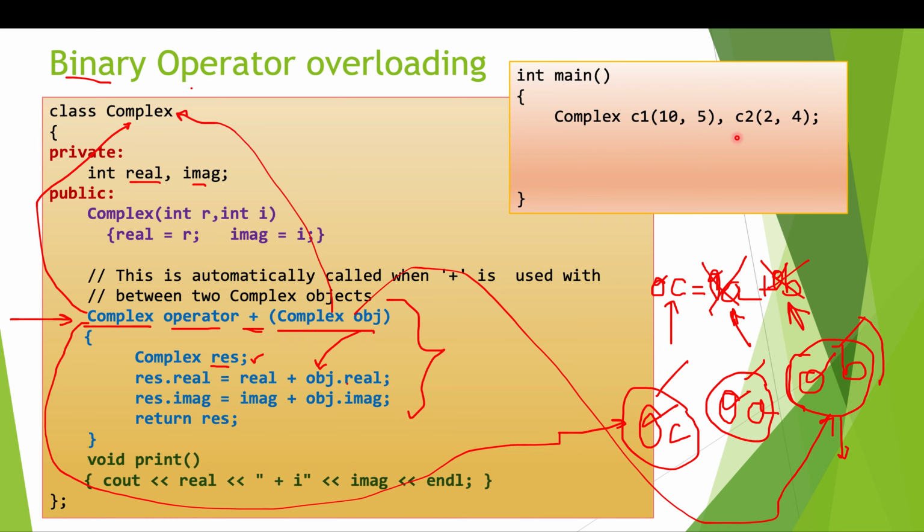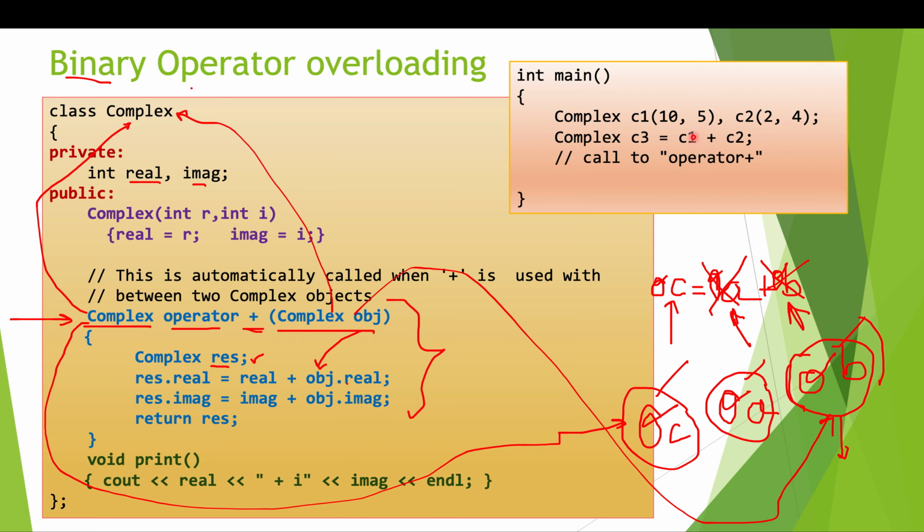And how are we going to get the output? Using our plus operator, by calling this blue colored function. This is the function that we need to call, and we call it this way: we say C1 plus C2. C1 is the object that is used to call the plus function, and C2 is passed as the input.